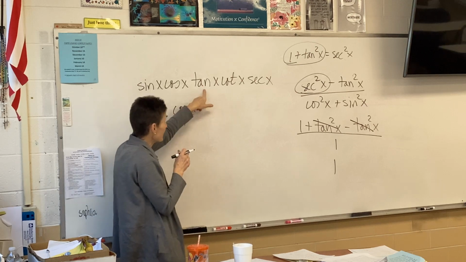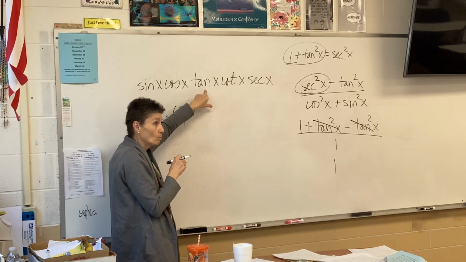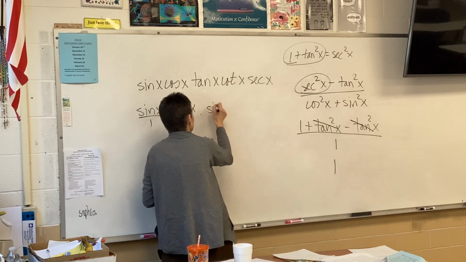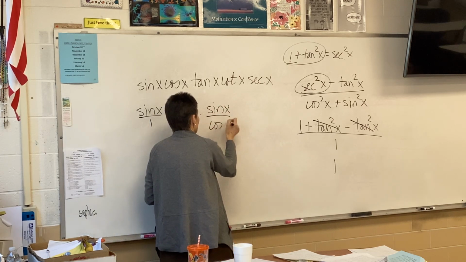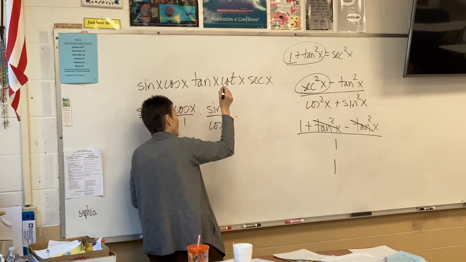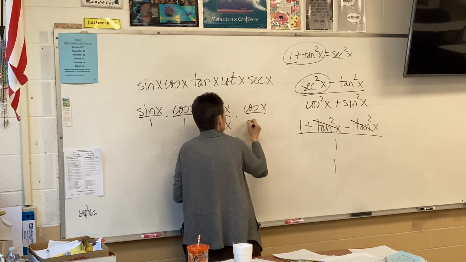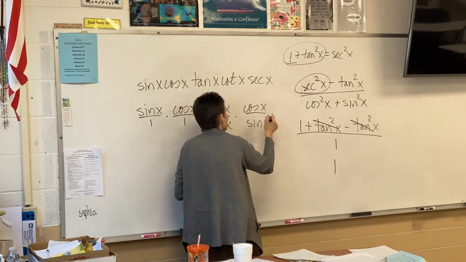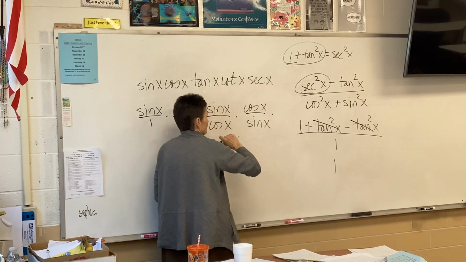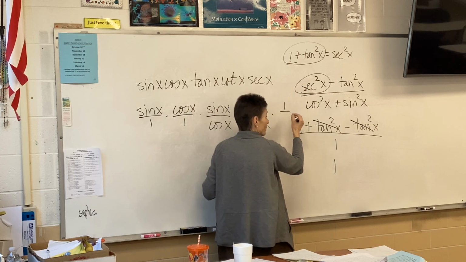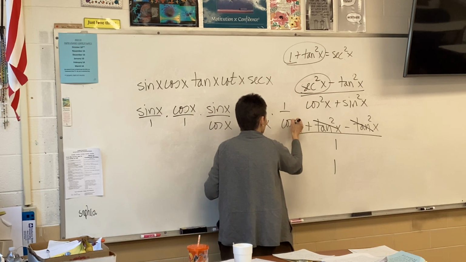But tangent, we do change. What's tangent? Sine over cosine. And what's cotangent? Cosine over sine. And what's secant? 1 over cosine.